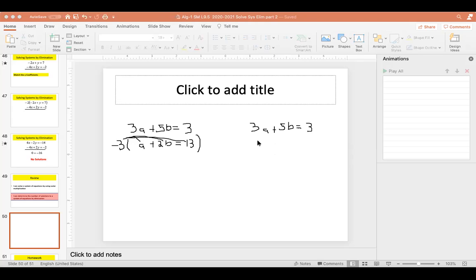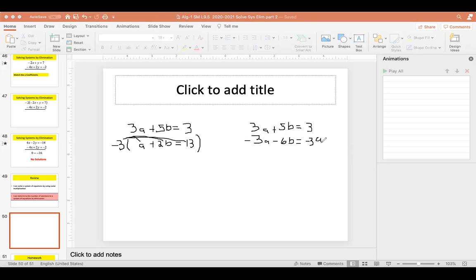Negative 3a plus negative 6b equals 13 times negative 3, negative 39.